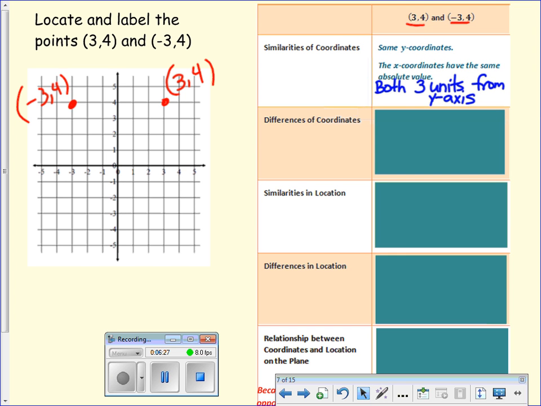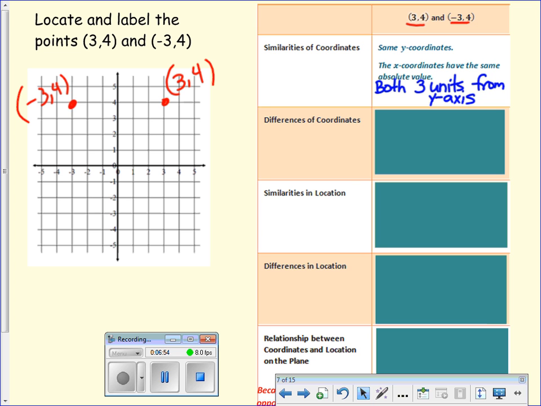How can we say those coordinates are different? They are totally in different quadrants. We're going to put that down about their location, so I'm going to hold on to that one, but you're right. What else about the coordinates? One is negative and one is positive. What part of it is negative or positive?